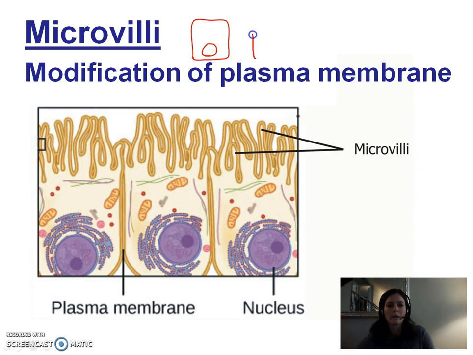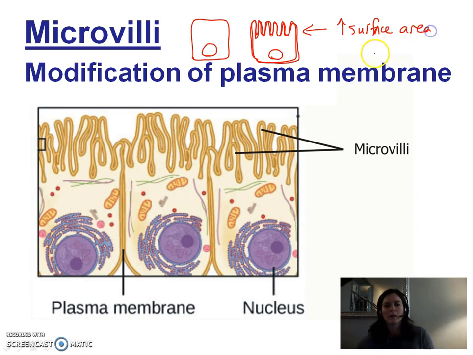Well, every now and then the cells have a plasma membrane that looks like this on the outer surface. So that phospholipid bilayer creates this ruffled look on one side. What does that do for the plasma membrane? Basically it increases the surface area. It gives you more space.